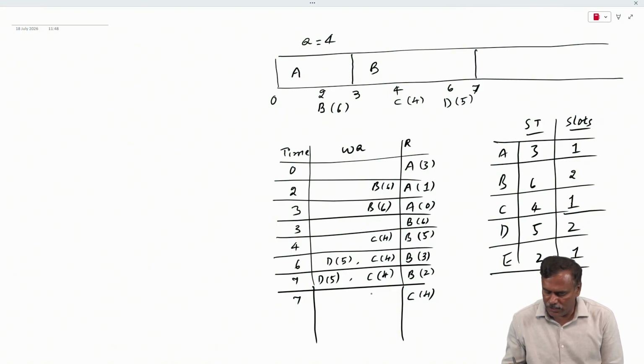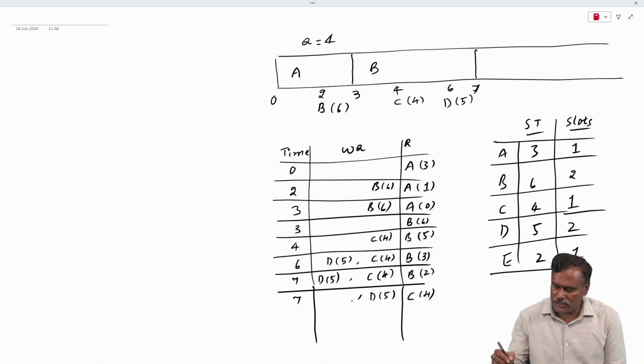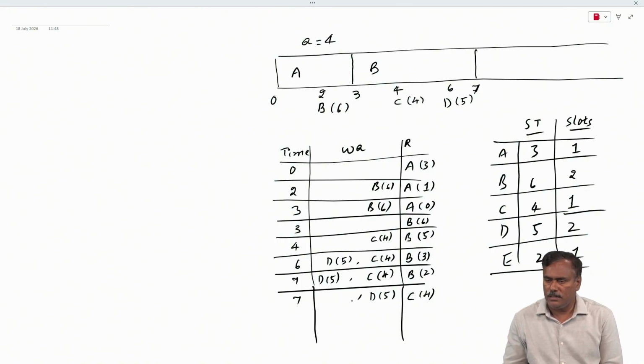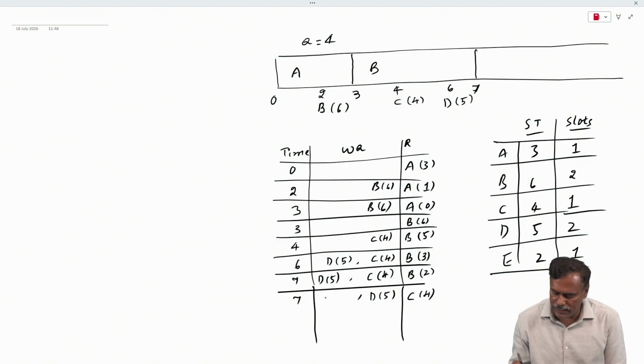So in the queue you have been left with process D, which needs 5 units of time, and you are stopping process B although it has not completed its execution, and you are going to add B at the back of the queue.